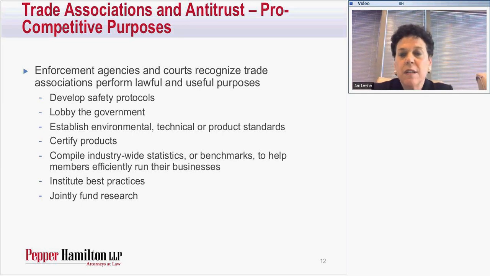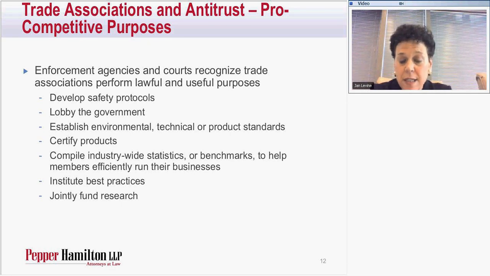Trade associations do many pro-competitive activities. The agencies and courts recognize that trade associations perform lawful and useful purposes. Some of them develop safety protocols in many industries. They lobby the government, establish environmental, technical, or product standards, and certify products, which gives a level of consumer protection and understanding about products.